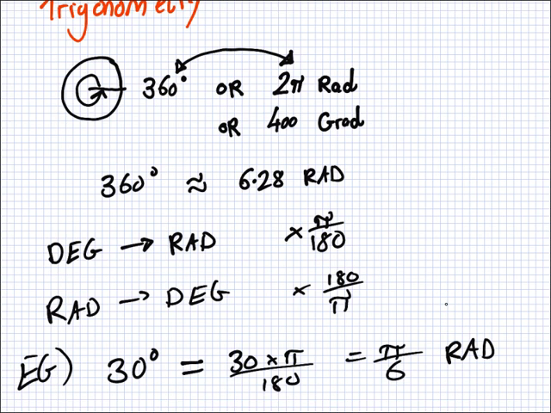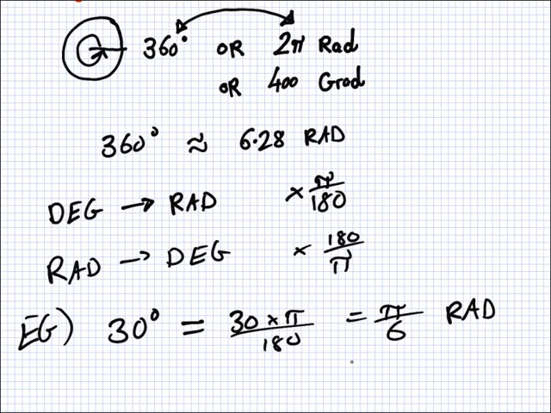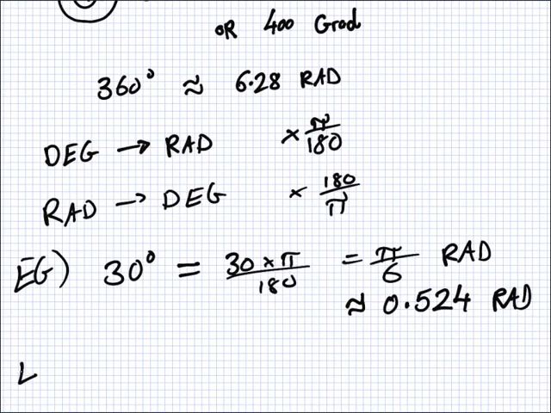What would that be as a decimal roughly? 0.5, 0.524, roughly, radians. And let's say I want to go the other direction.